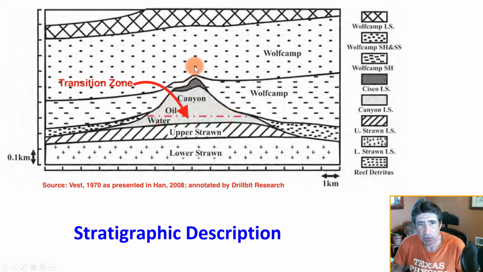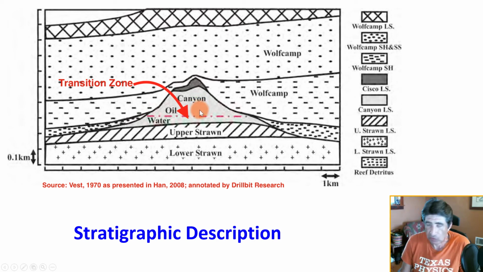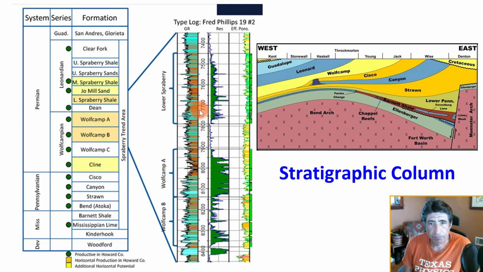So please pay attention to this, because we're going to be looking at rocks that go all the way from the Wolfcamp shale down into the Canyon limestone. And we'll see all the variability that we can expect in carbonate rocks across this very, very interesting stratigraphic feature.